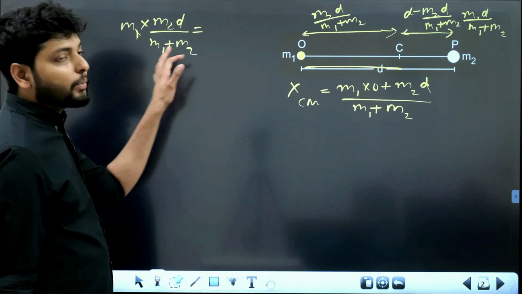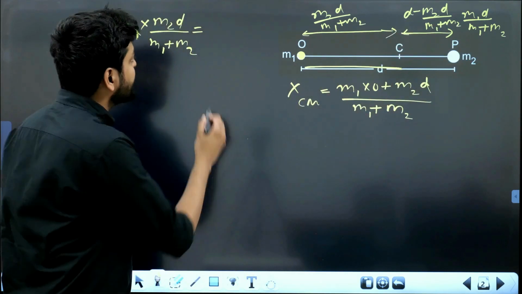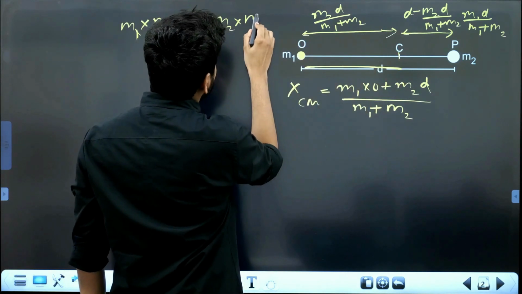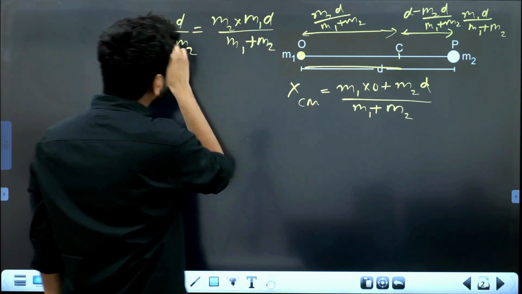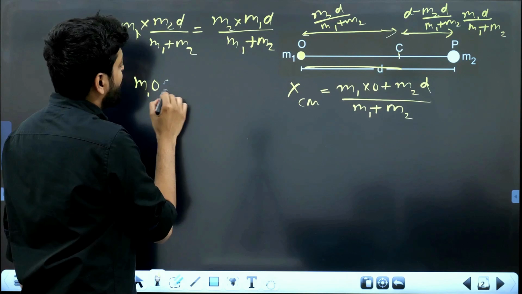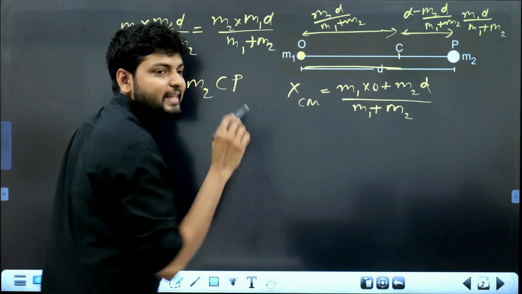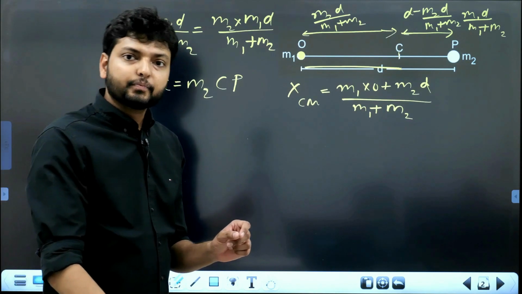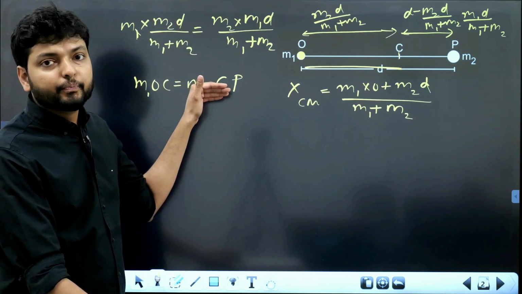This product is equal to m2 into its distance from the center of mass, which is m1d by m1 plus m2. So this product will always be equal. I can always say that m1 into OC is equal to m2 into CP, provided the center of mass remains unchanged, right? So this is the second key point that we are going to use.